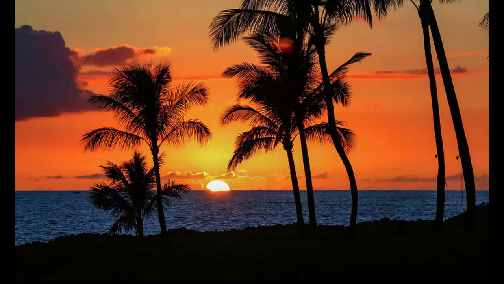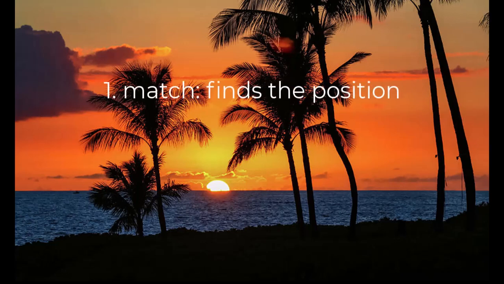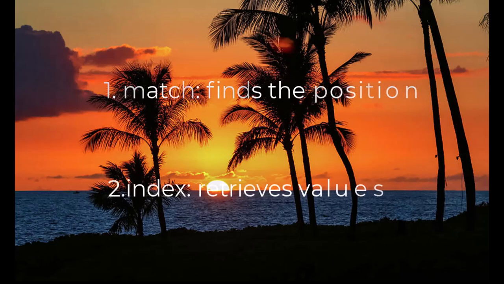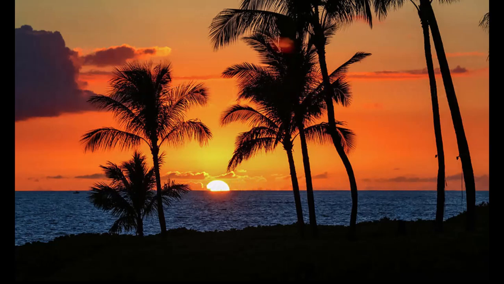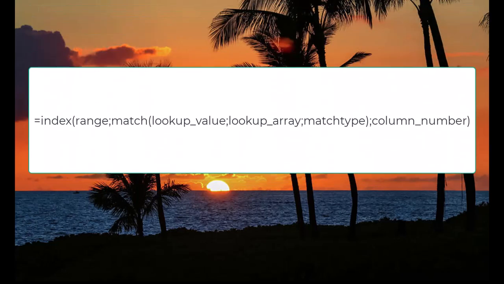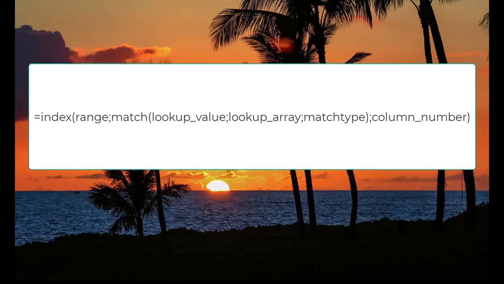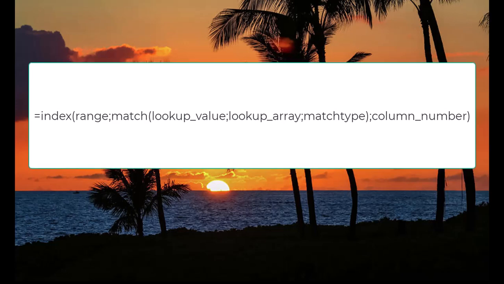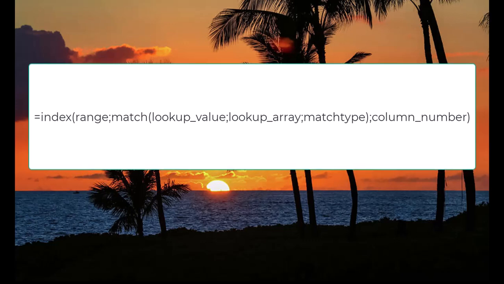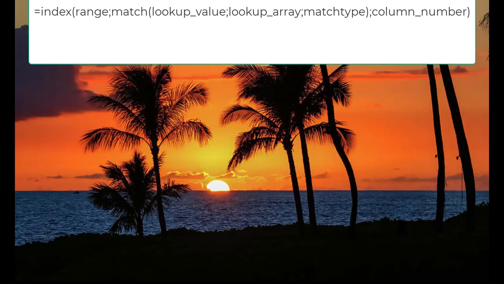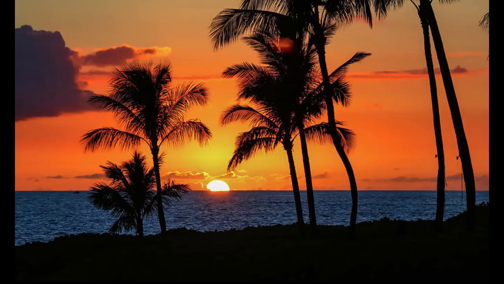Now we will look at INDEX and MATCH, the combining of these two functions. Combining INDEX and MATCH gives you the power of both. MATCH finds the position, INDEX retrieves the value. So we have the formula: INDEX, range, semicolon, MATCH, lookup value, lookup array, then match type, then column number. Why do we use INDEX MATCH?